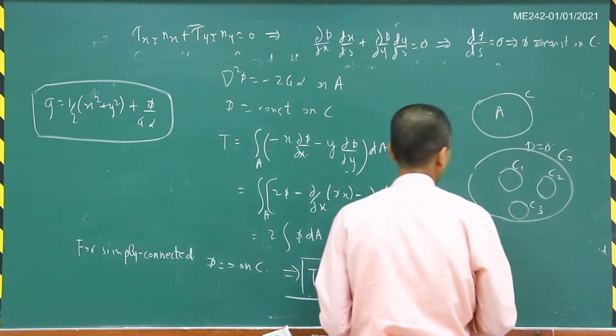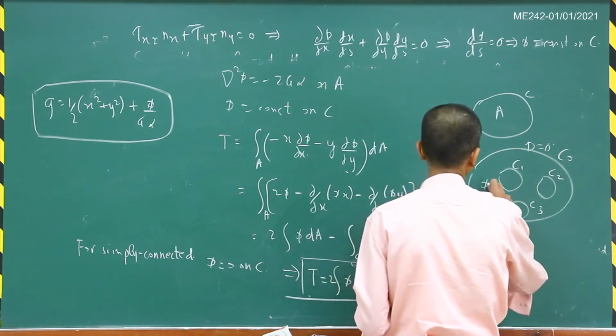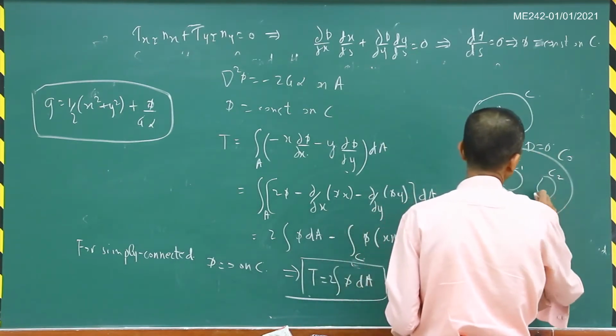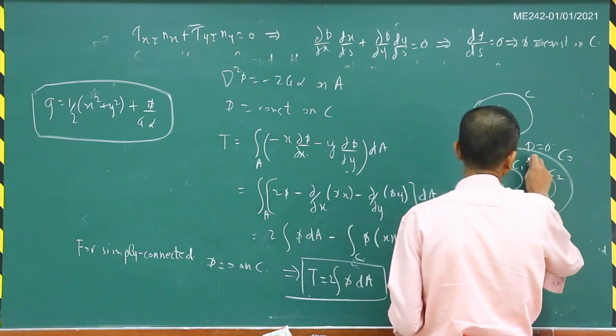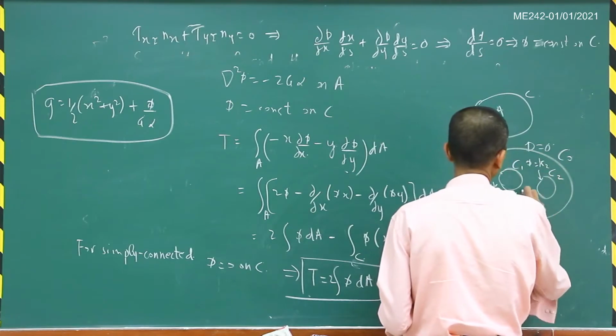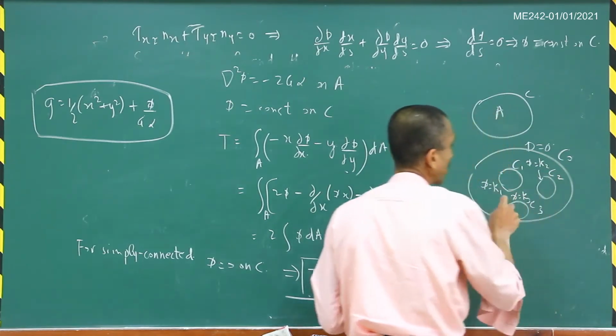So the constants now: phi equal to K1 on this particular boundary, phi equal to K2 on this particular boundary, then phi equal to K3 on this particular boundary, and so on.